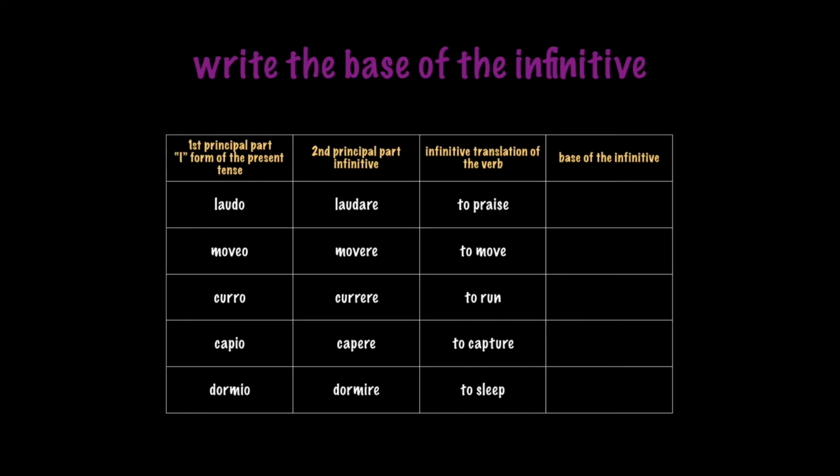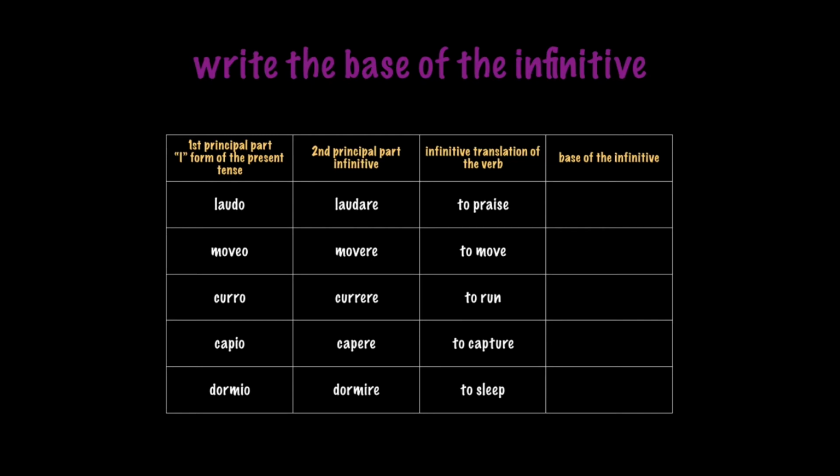Do you notice how each one ends with the letter O? Remember that O is the subject I in the present tense. So laudo means I praise, moveo, I move, curro, I run, capio, I capture, and dormio, I sleep.